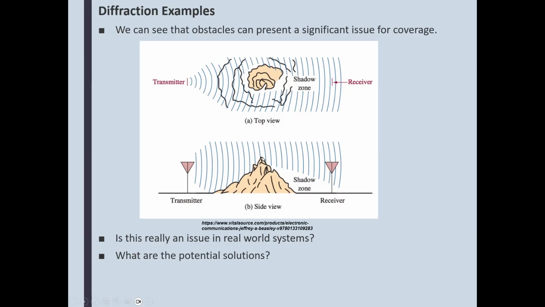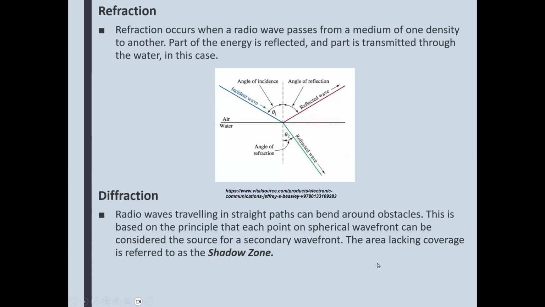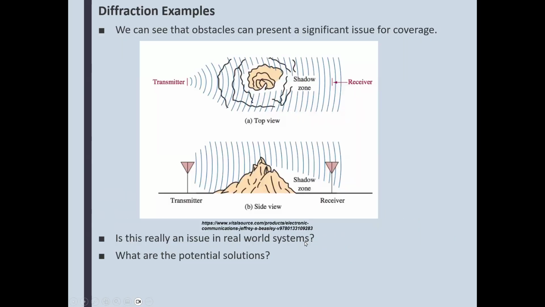Now, the waves at some point can bend around the edges here because remember, each point can serve as a source of a secondary wavefront. So then this thing is going to become a secondary transmitter and it's going to start transmitting, and that's how it works. Okay. Now, there would be a bit of a shadow zone where there's no coverage.